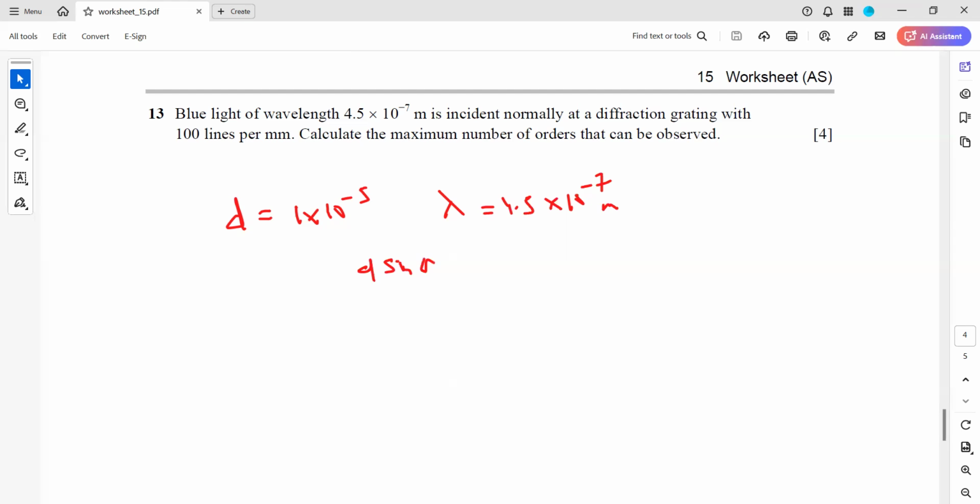My screen is lagging a bit compared to the Zoom, so maybe you might not be able to see at first. So d sin theta equals n lambda. d is 1 × 10^-5, and sin theta for a maximum we take as sin 90, where n is the order of the image, which we don't know, and the wavelength is 4.5 × 10^-7.